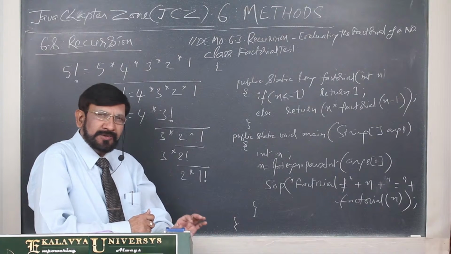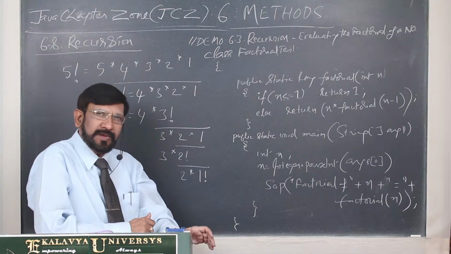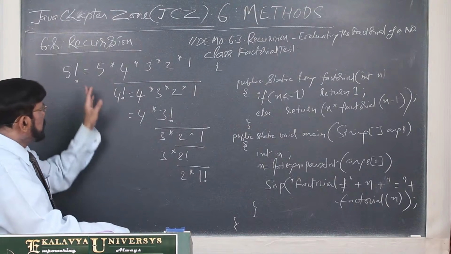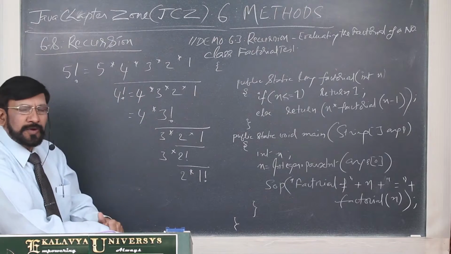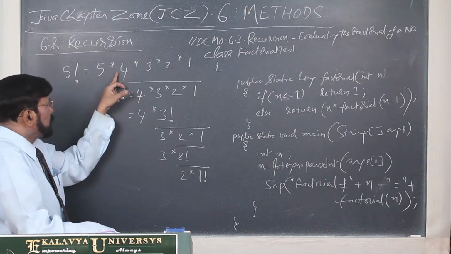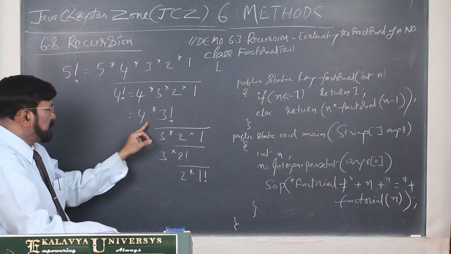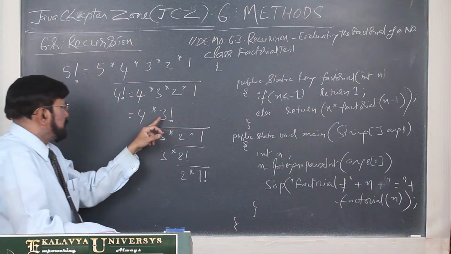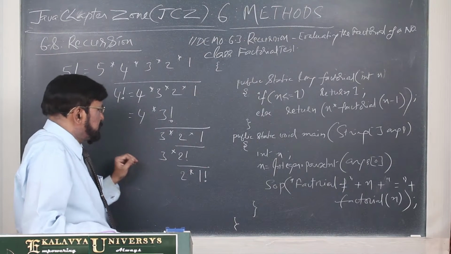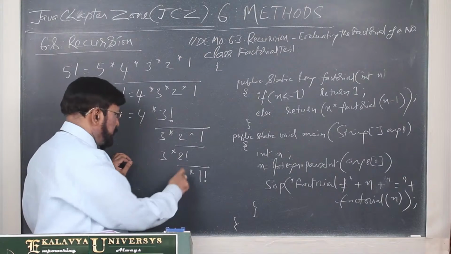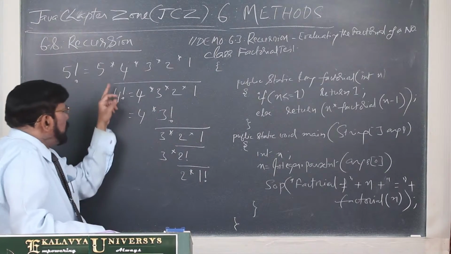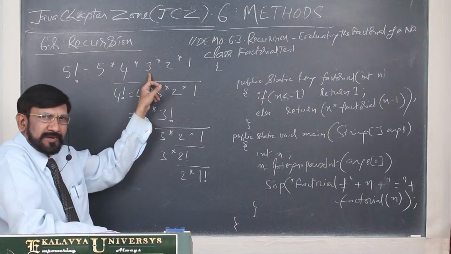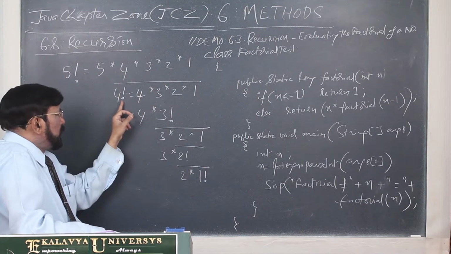Then whatever task you are expecting from the method can be achieved. So here you see 5's factorial, 5 into 4 into 3 into 2 into 1. You can call this 4's factorial, 3's factorial, 2's factorial, like that.